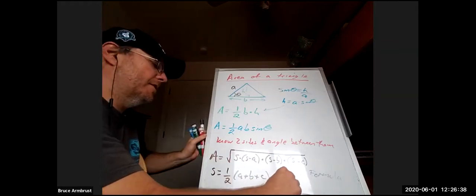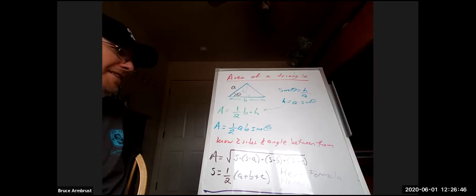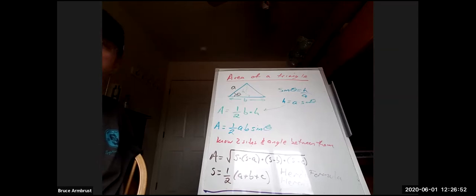He's sometimes also called Hero. I like to call him Hero because he's a mathematical hero. Hero's formula, Heron's formula. So it's almost magical that it works, but if you look at the geometry, it totally does.